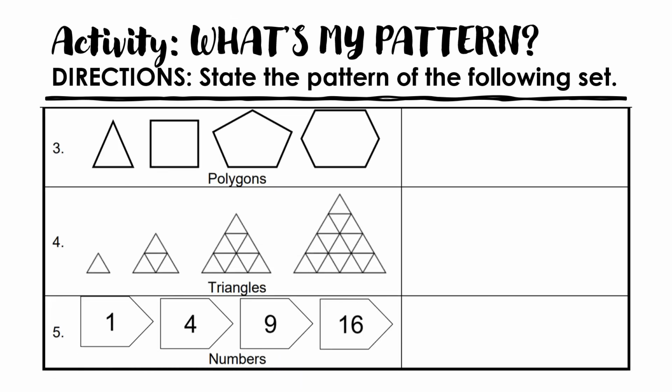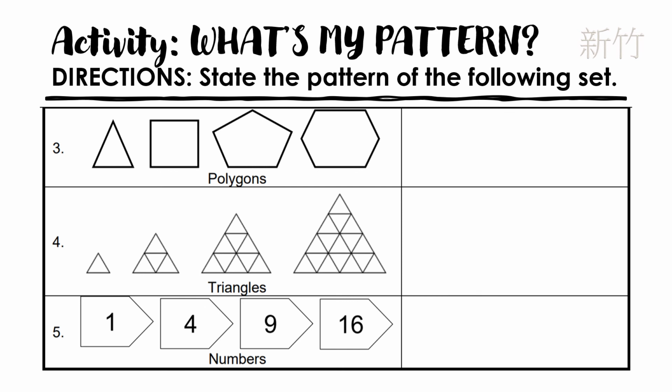Next, we have number 3. Observe the polygons on the left. What have you observed? Is there a pattern? What is the pattern? Write your answers on your answer sheet. Number 4.